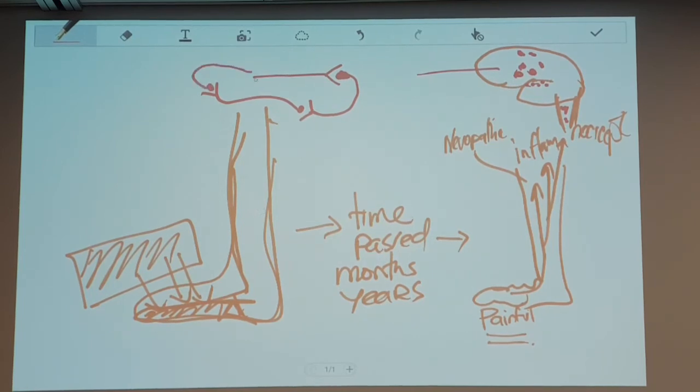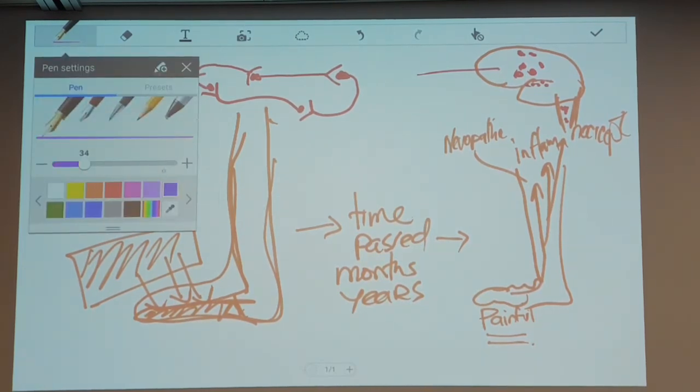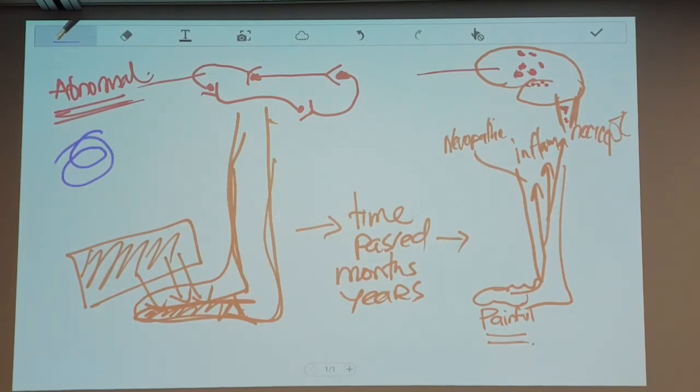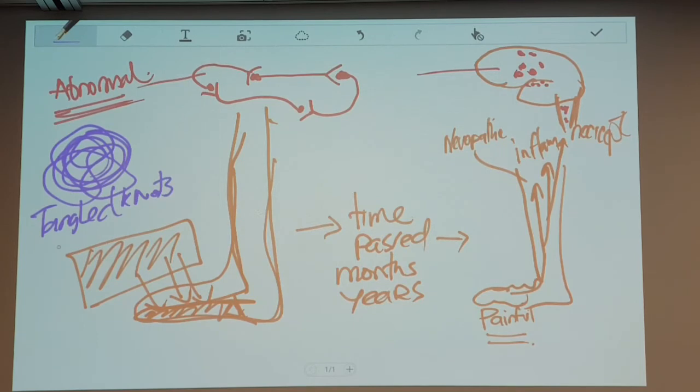Okay, so nerves have to talk to each other, and these centres that regulate and control our understanding and perception of pain become abnormal. Okay, and we can refer to that just as a tangled up neurophysiology, just like a tangled ball of string, tangled knots in your nervous system.